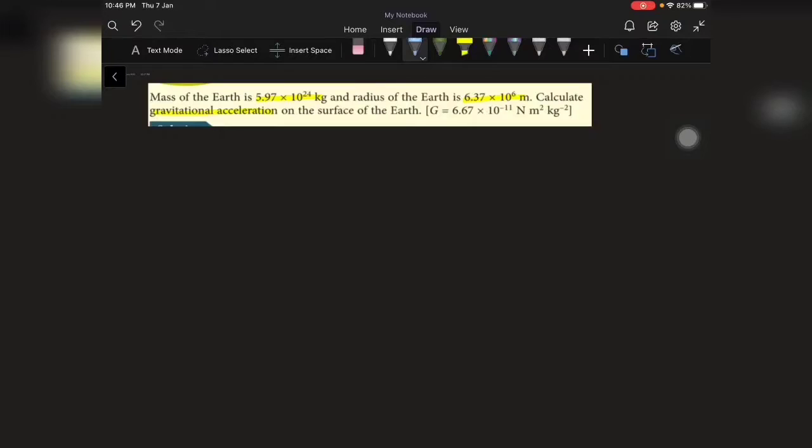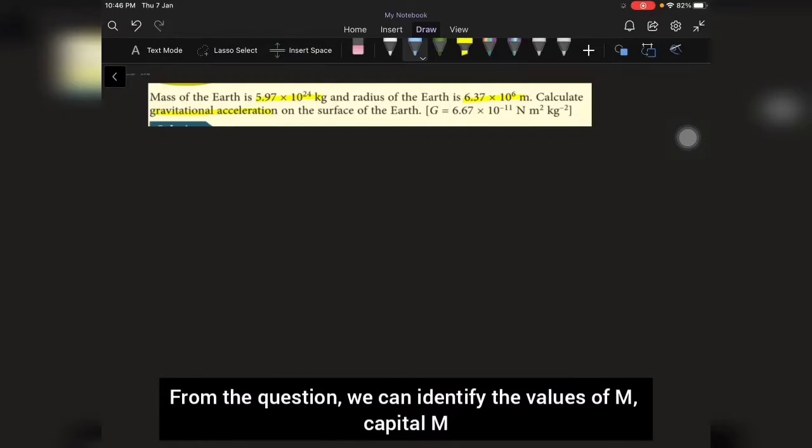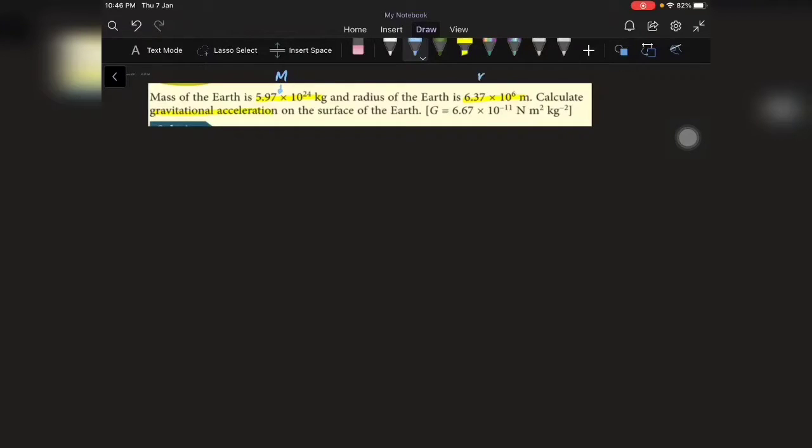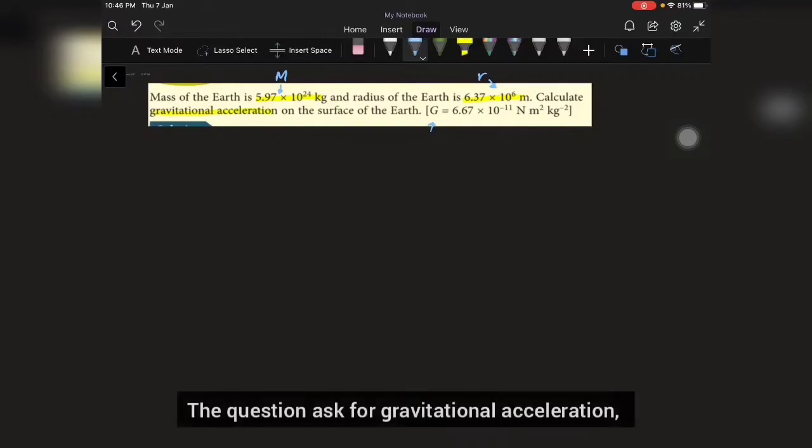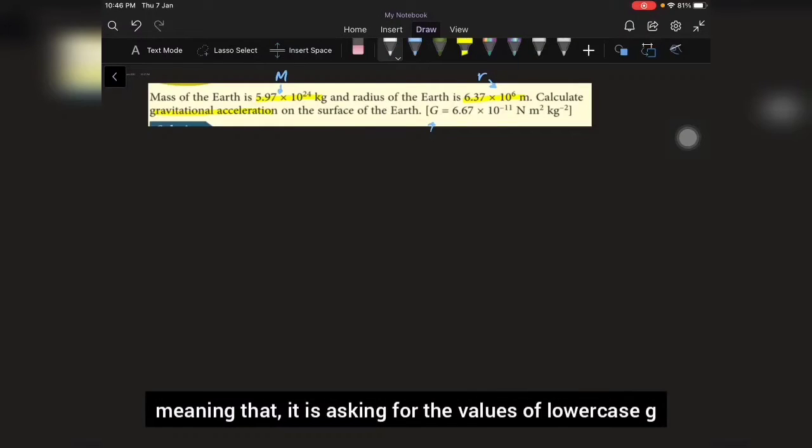From the question, we can identify the values of M, r, and g. The question asks for gravitational acceleration, meaning it is asking for the value of the lowercase g.